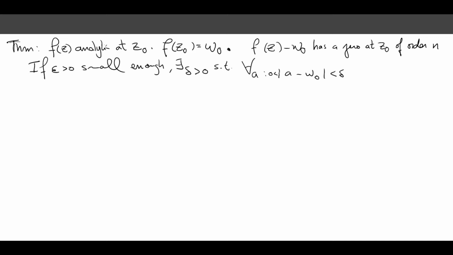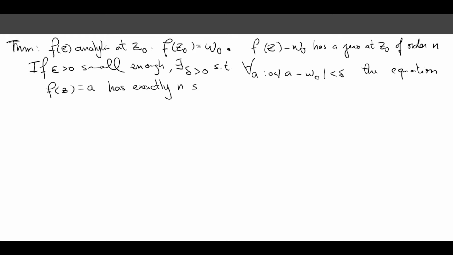Basically I'm saying that if I pick epsilon small enough, and then for that epsilon there exists a delta in the image such that if a is close enough to w0, then the equation f(z) equals a has exactly n solutions, exactly n roots.